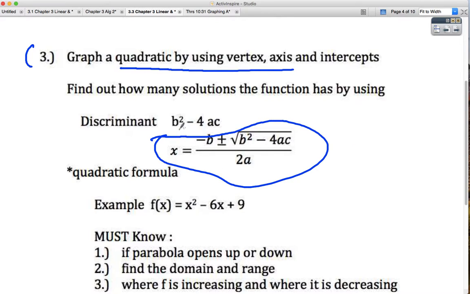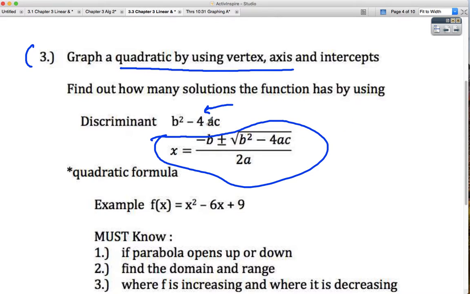And underneath the square root, or the radical, we have something called the discriminant. This thing here, b squared minus 4a times c. It's a very important item because it helps you to determine what the solution is, or how many solutions. Basically, how many times the quadratic touches the x-axis.